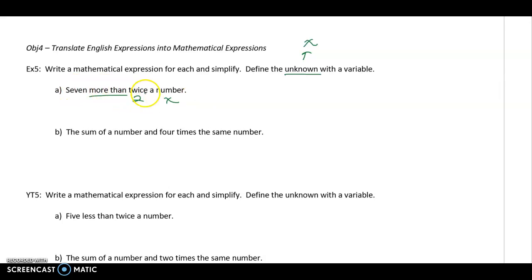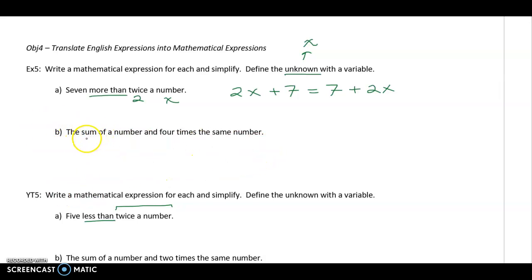So 7 more than twice a number is twice a number, and then we increase it by 7. Because this is addition, it's okay to write 7 plus 2x. The only time we cannot do that is with less than. So notice here, less than tells us we have to do this part first and then this part. We talked about that in one of the classes prior to this as well.